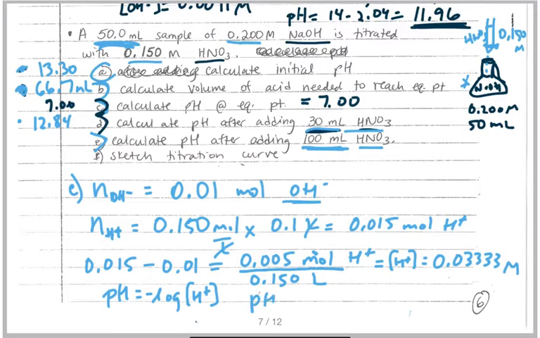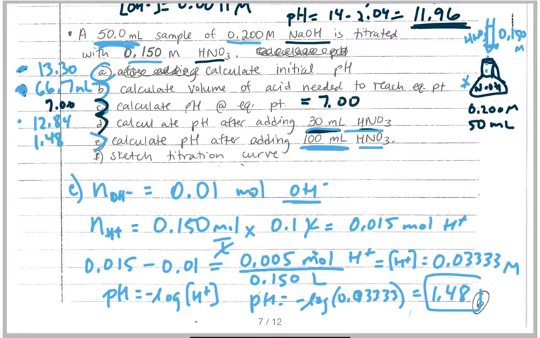So the pH is the negative log of that concentration, 0.03333. The negative log is 1.48. So the pH here is 1.48. We expect it to be very acidic because this is well after the equivalence point, like 34 milliliters beyond that equivalence point.